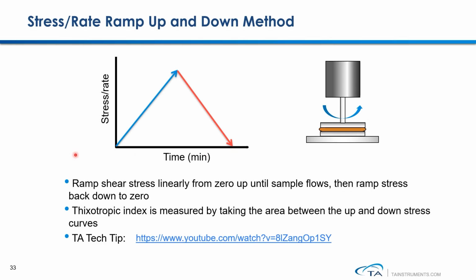If the sample is thixotropic, then the ramp up and ramp down curves will not overlay. Thixotropic index is calculated from the area between the up and down curve. However, since the operator can alter the ramp up and down time, the measured thixotropic index value may vary depending on the stress ramp speed.